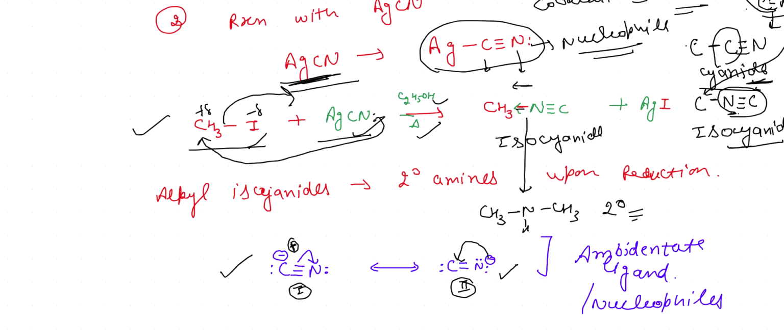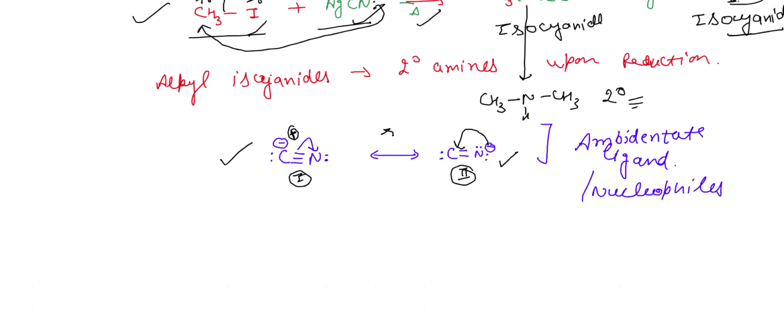So we can also conclude that the cyanide group acts as an ambidentate nucleophile. Ambidentate nucleophile means those nucleophiles which have more than one site through which the reaction can occur. As in case of the cyano group, the reaction can occur through this carbon as well as through the nitrogen. So it has two sites. That's why it is called an ambidentate nucleophile. Clear?